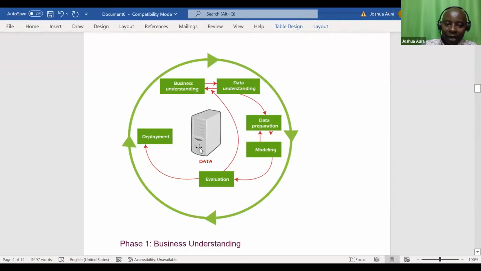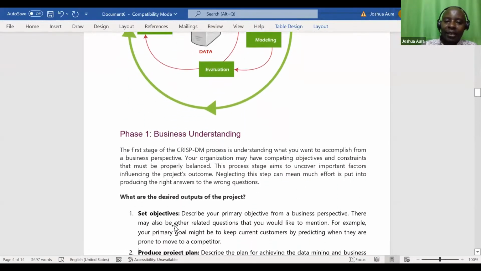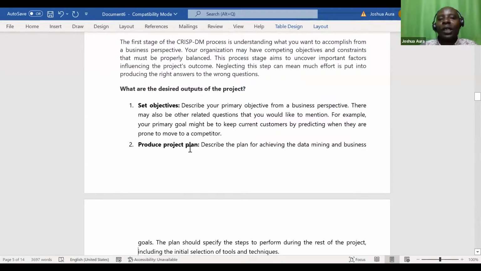And then, of course, we have now our data being processed here. Now, phase number 1 is about business understanding.